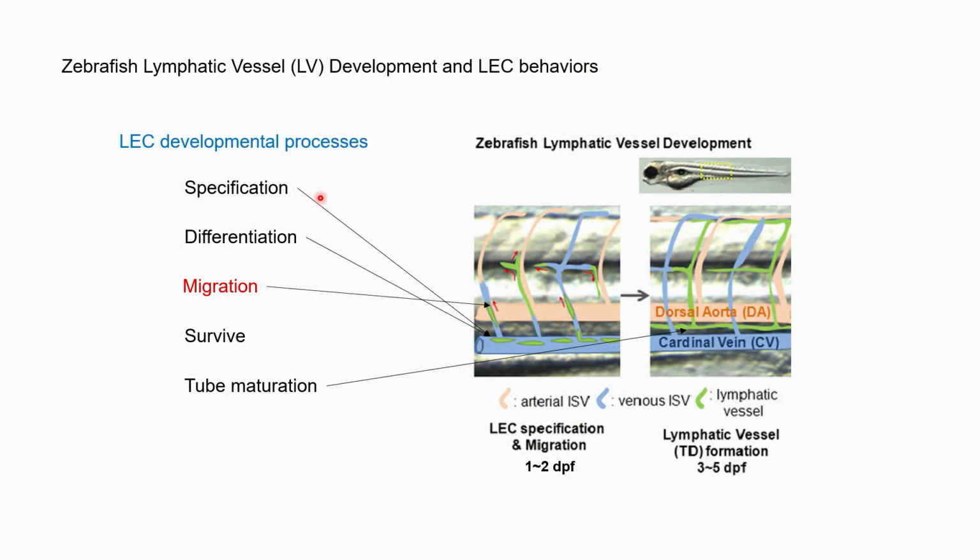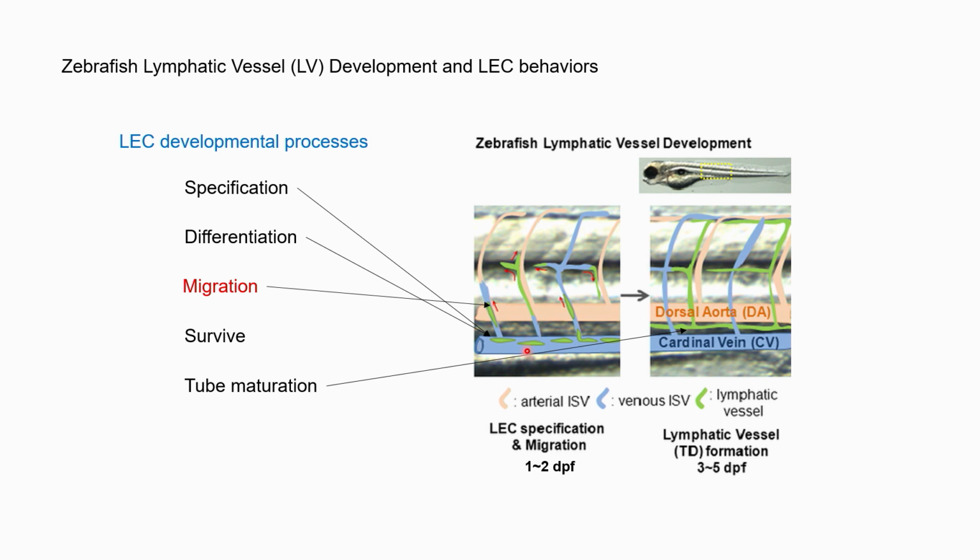Here is a very brief introduction to zebrafish lymphatic vessel development. Around the 1.5 DPF stage, lymphatic endothelial cells suddenly appear in the cardinal veins.